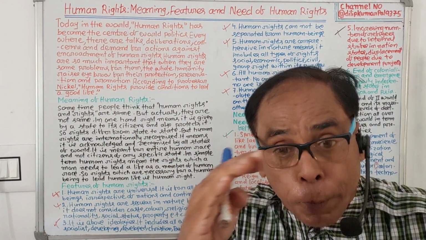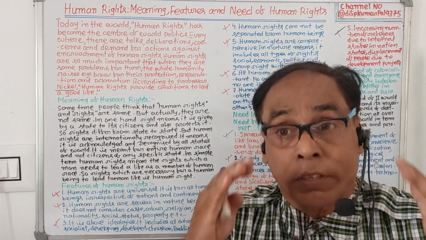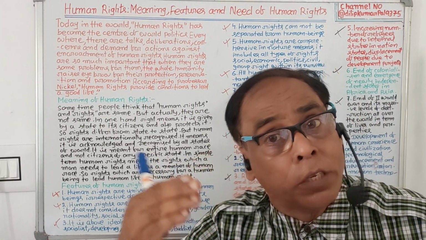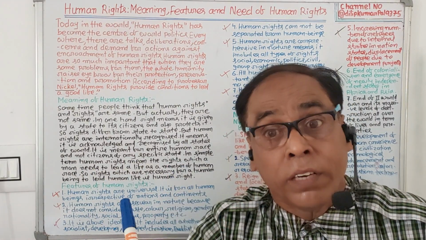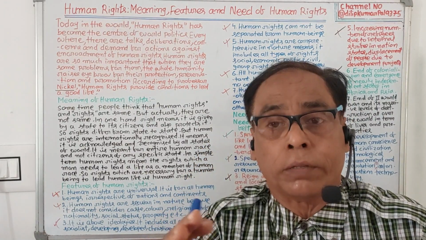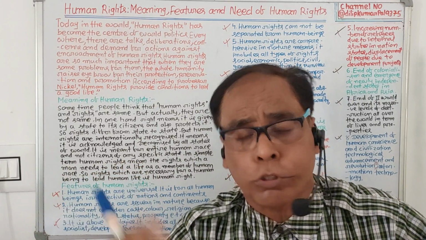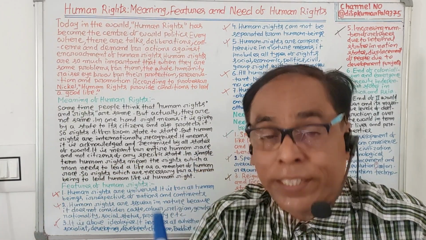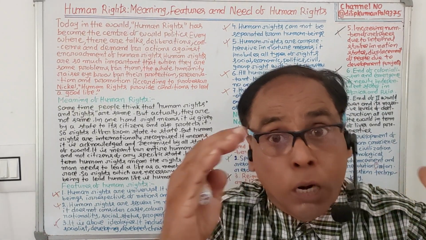So, all the people of the world today are for the protection, preservation and promotion of human rights, and they are in favor of opposing whenever human rights are encroached. So, human rights today is the central concept of world politics.